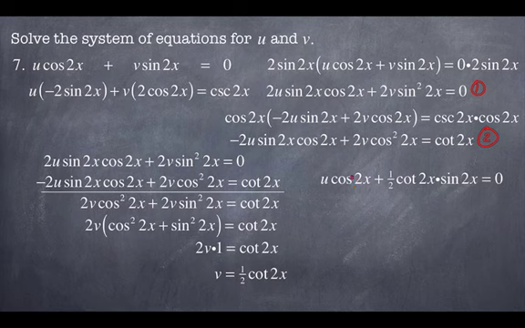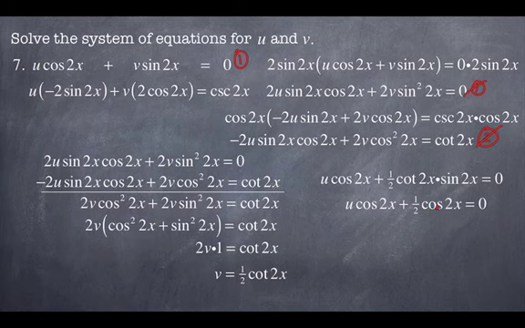Now I'm going to solve for u, so I use the first equation, this equation that you see here, not this one or this one. Where I see a v, I substitute 1/2 cotangent 2x. Once I do that, I get this. When I multiply this, I get cosine 2x.